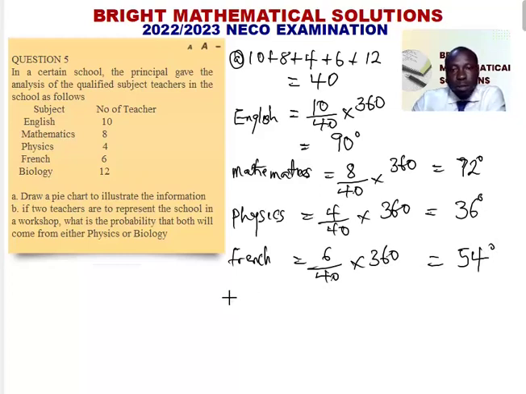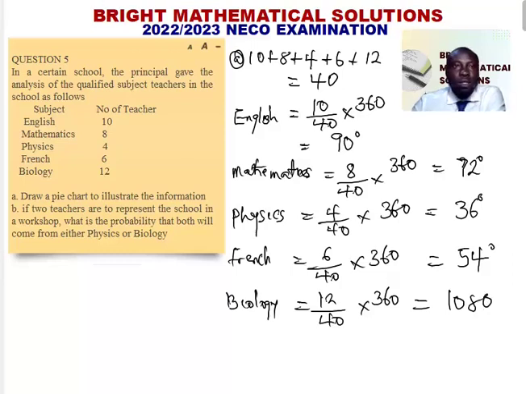And the last one, which is biology, that is 12 over 40 multiplied by 360. If we divide, this gives us 108 degrees. Sorry for that error. So it is these values that we are now going to transfer into our pie chart.